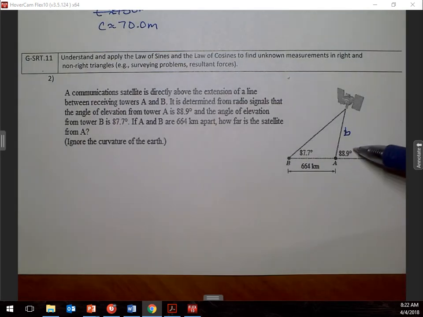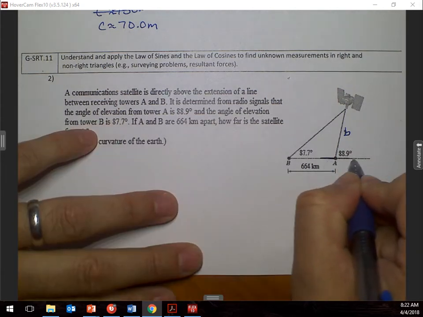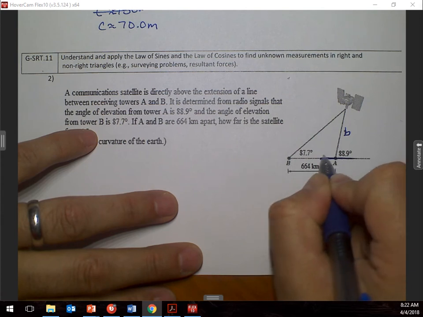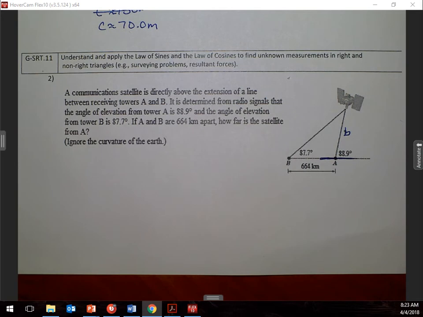Now, this angle right here, is this inside my triangle? No. So this is a straight line, isn't it? So these two angles here are supplementary. Complementary is 90. Supplementary is 180.